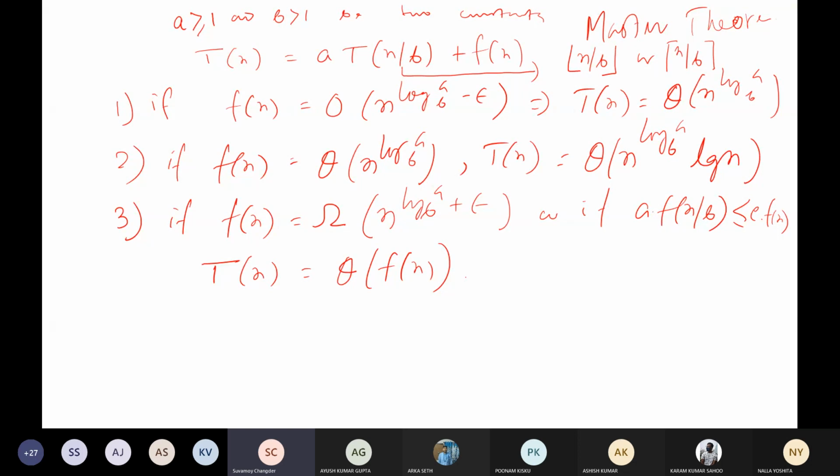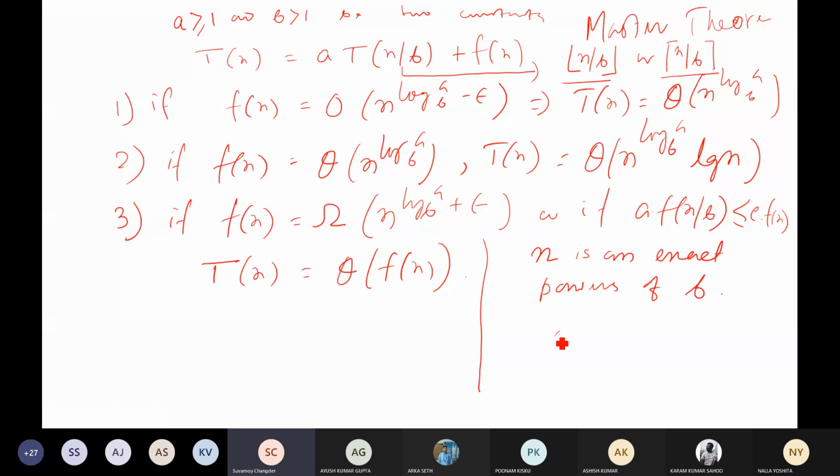If n is not an exact power of b, then we have to consider either the floor or the ceiling value. So for simplicity, first we will prove the theorem when n is an exact power of b.